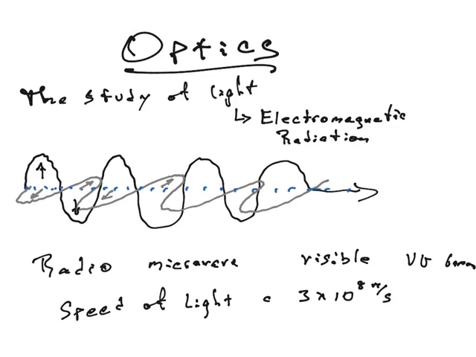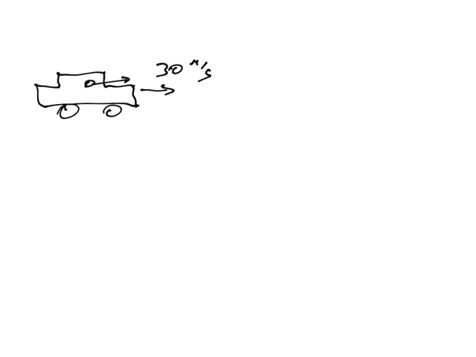The fact that, let's say you're in a car and the car's traveling 30 meters per second, and you have a ball in your hand and you throw the ball, and you're only so strong and the velocity you throw the ball at is 10 meters per second.